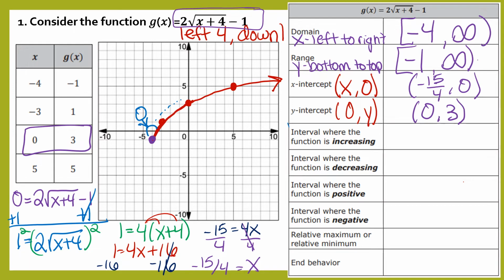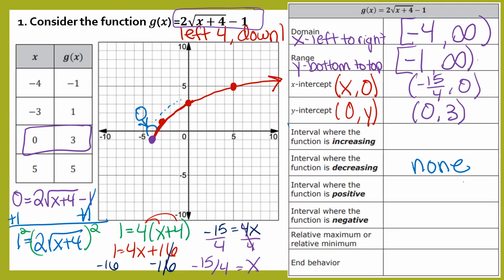He's increasing, right? He's walking up, like he's walking up a hill. If that graph keeps going, does he ever go down? That graph is going to keep going up forever and ever. So there's not going to be any decreasing for this graph. So we're going to say none. He's going to be walking up that graph forever.